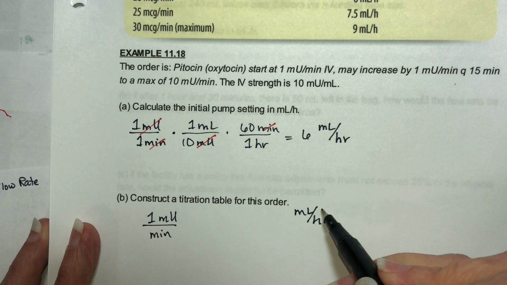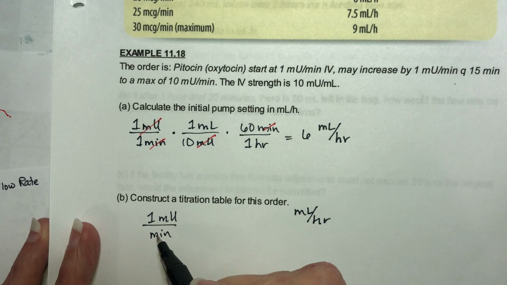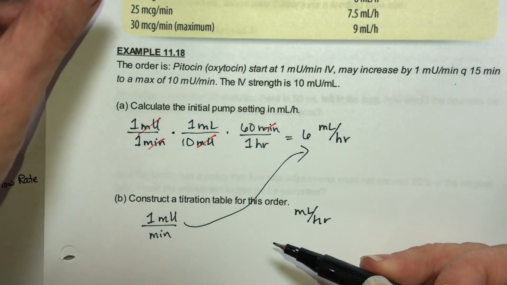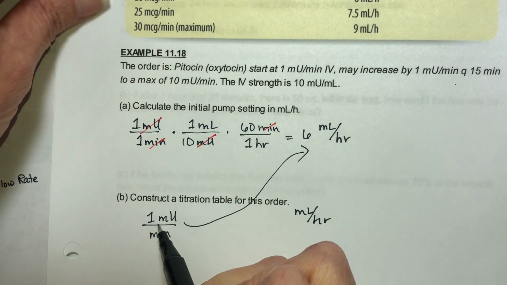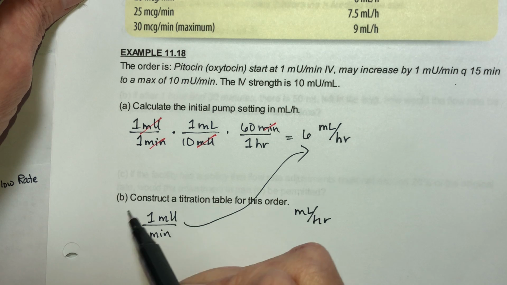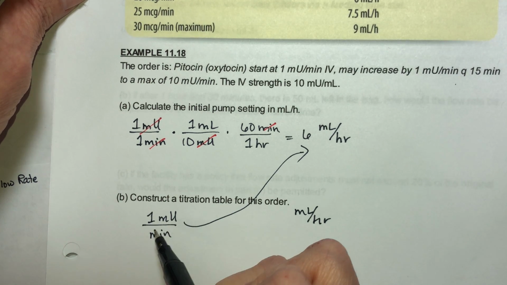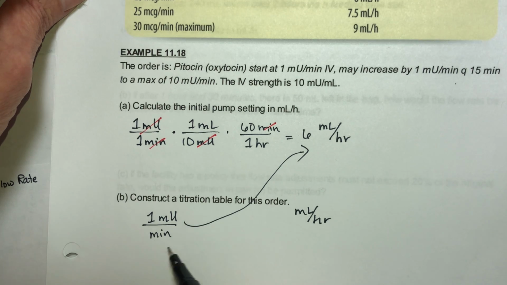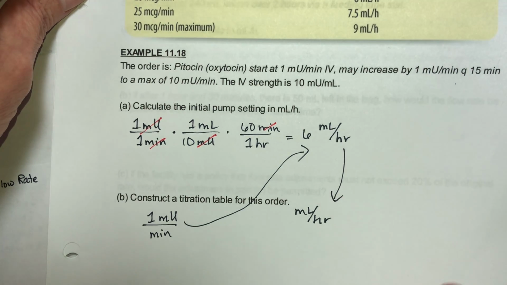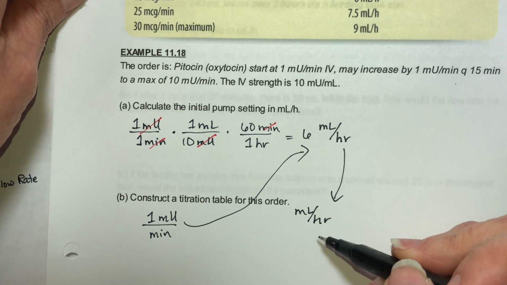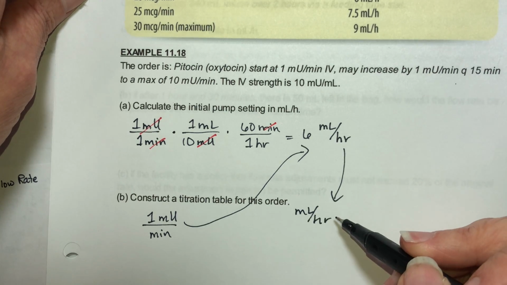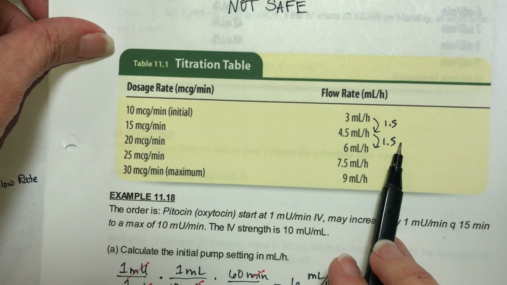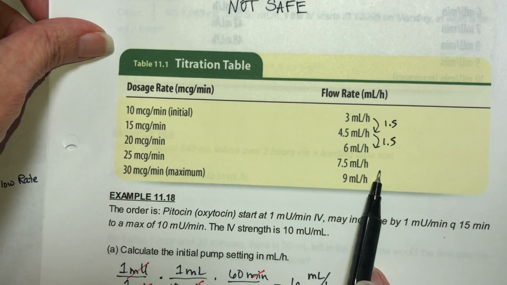If we're supposed to go in milliliters per hour and we get to increase by 1 every time, we actually have the same calculation we have here. If we got to go up by 2 or 3 or 4 or whatever, it would be different. But this is exactly the same calculation, and we're supposed to go to the same unit. So there's really no reason to do another conversion. If this one, for example, got to go up by 2 every time, the jump would be different.